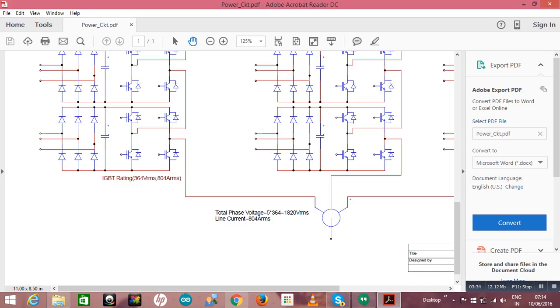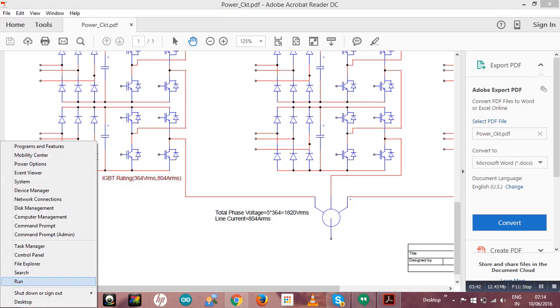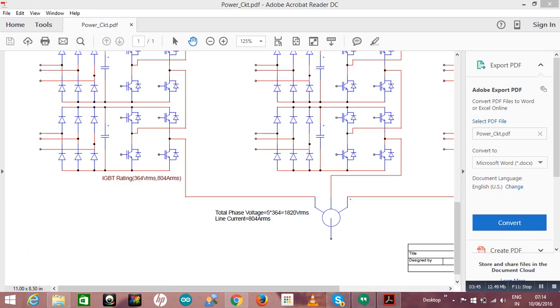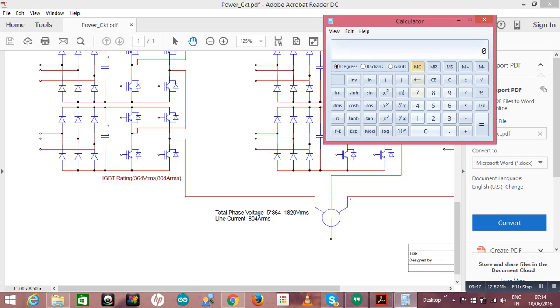On the DC side it is better to calculate in peak. If my AC voltage is 1819, to convert into peak you have to multiply by √2. So it will come around 2072 volt, and as I have divided by 5, it will come around 514 volt.